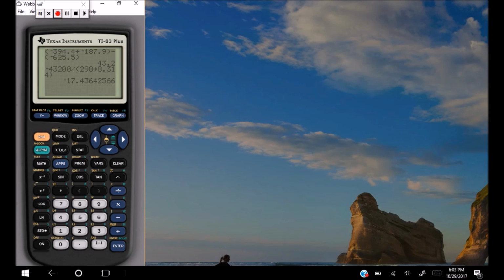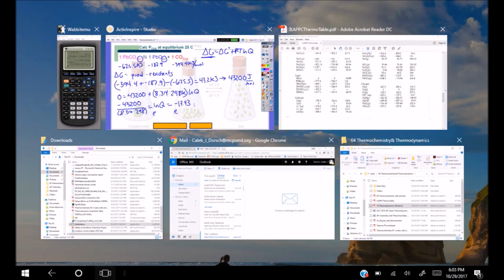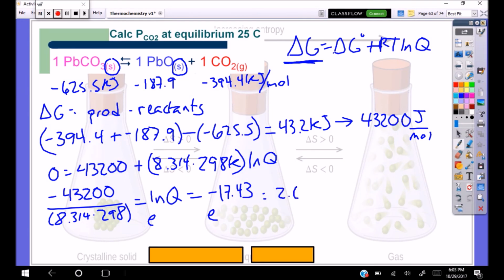So second e raised to my answer. I get 2.68 times 10 to the negative 8th. Now, because I'm looking at pressures, this is equal to Kp. Alright? And I know Kp is going to be equal to the pressures of my products over the pressures of my reactants. Well, the nice thing is when we're talking pressures, the only thing we're looking at is CO2.